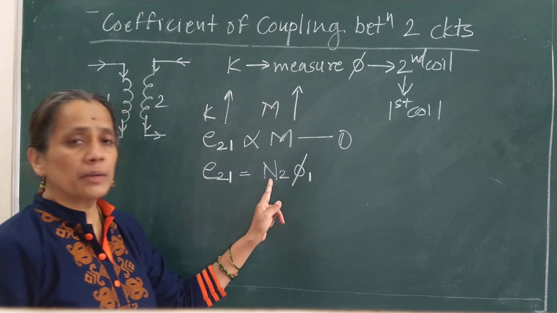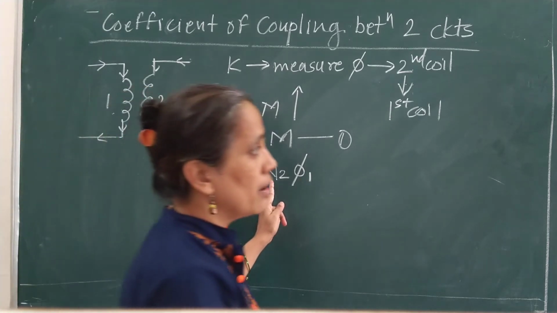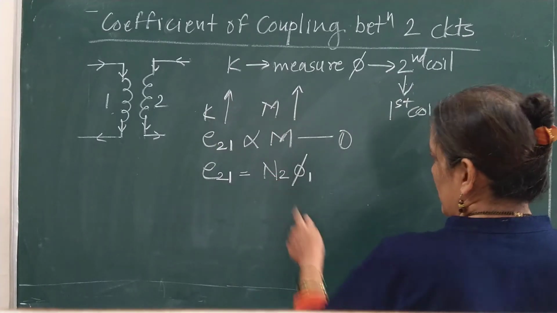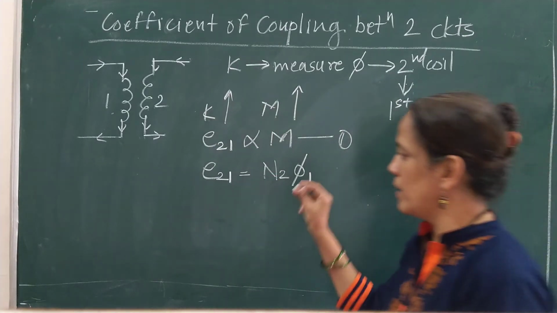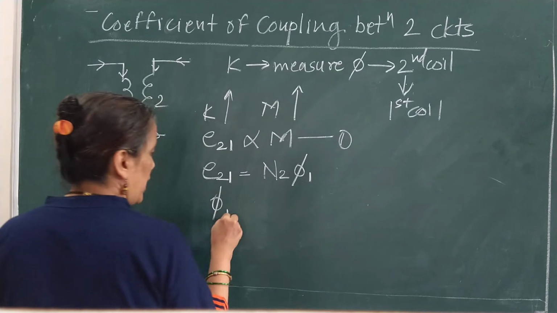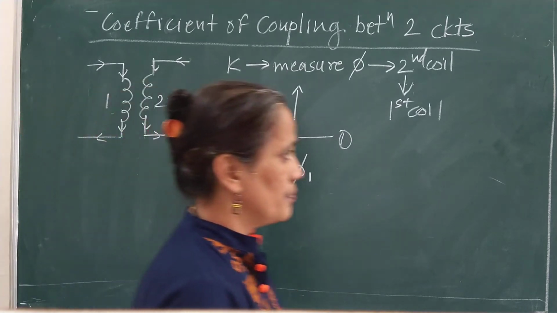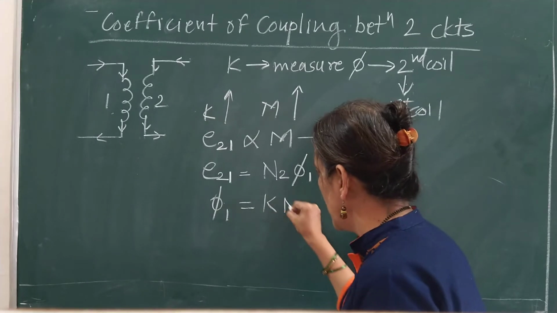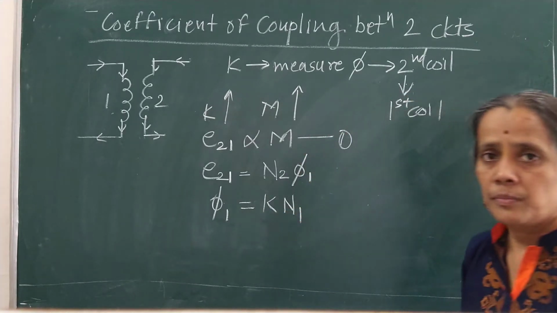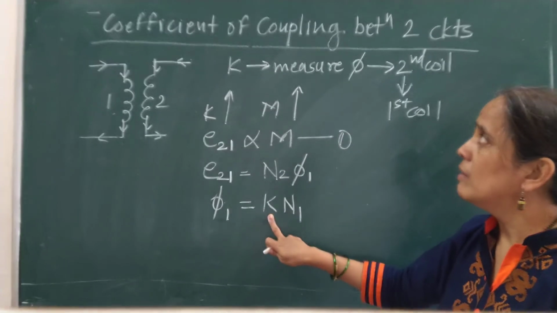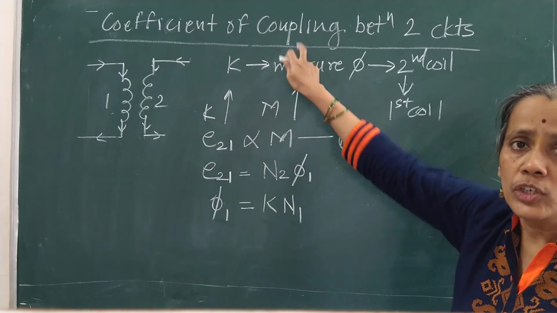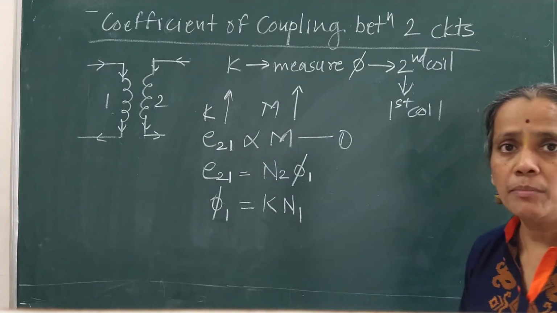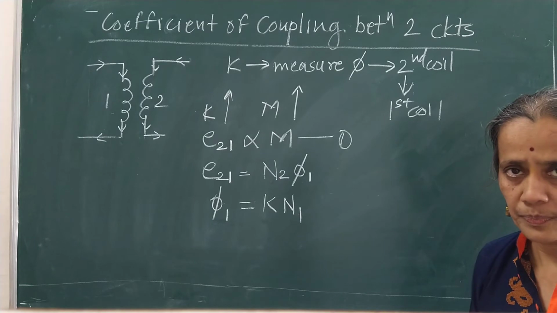N2 is the number of turns of the second coil. This phi 1, the change in magnetic flux, can be written as K into N1. K is the coefficient of coupling, N1 is the number of turns.